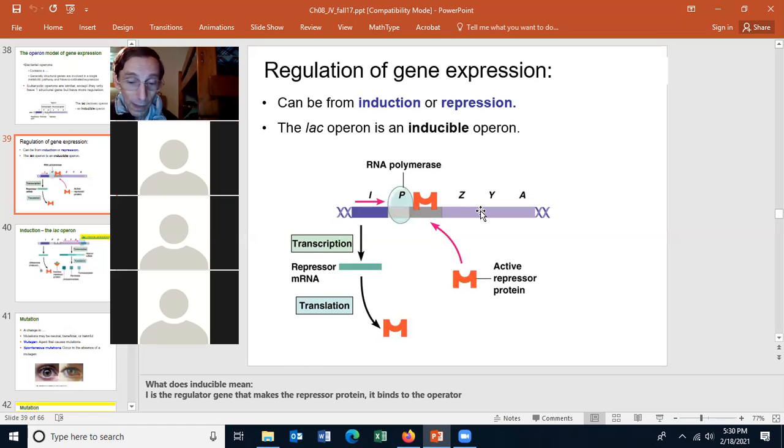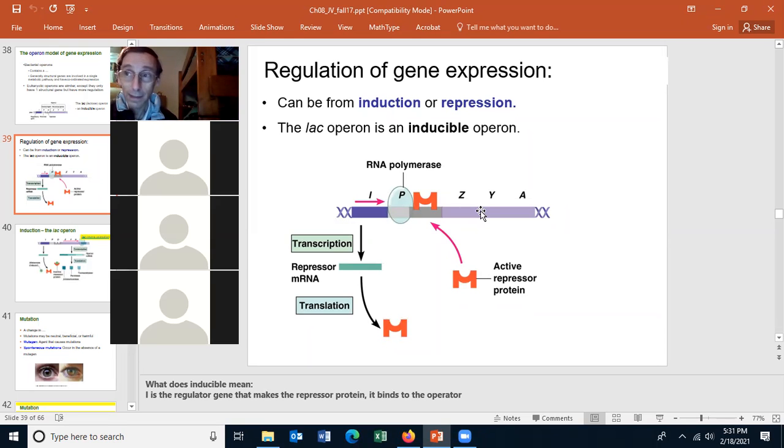So if the E. coli happens to be on a dairy farm, and happens to fall in the bucket of milk that the farmer is milking the cow out of, the E. coli will actually see the sugar lactose. But at most other times, E. coli is not going to see the sugar lactose, because lactose is not that common.